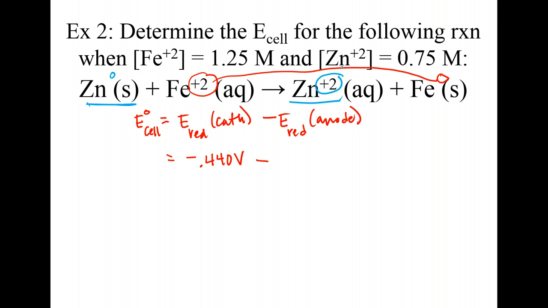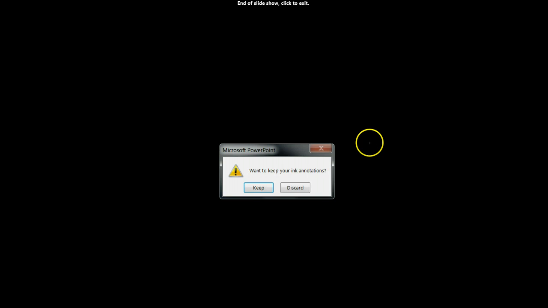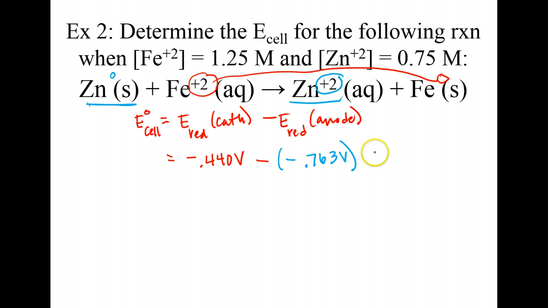So the reduction potential for that half cell is a negative 0.763 volts. So if you figure that out on your calculator, it ends up being a positive 0.323 volts.